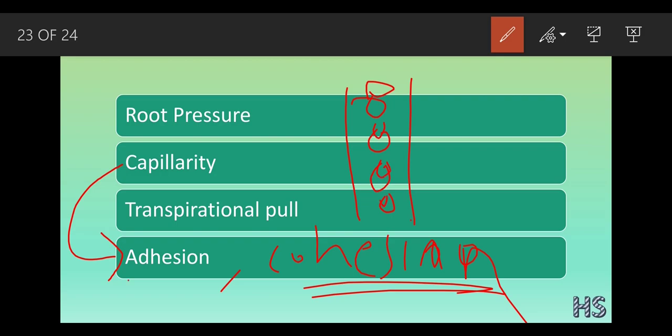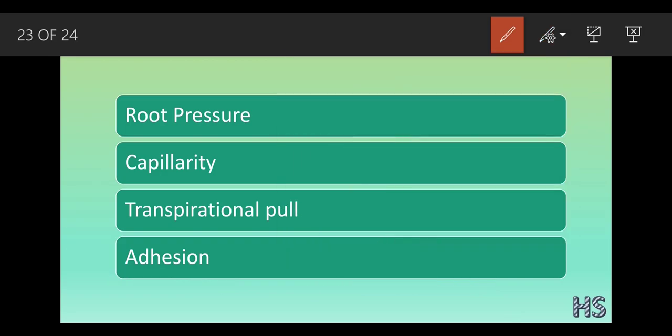Now we are going to talk about adhesion. This adhesion means, suppose this is a xylem. See, water to water molecule attachment is called cohesion, and adhesion means the water molecules are attached to the walls also, like this. See, water molecules are attached to the xylem wall.